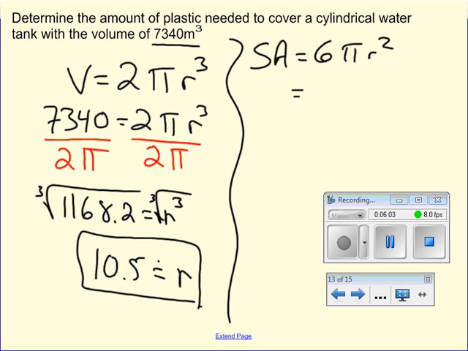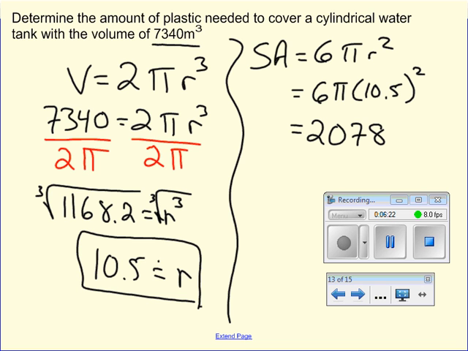So surface area 6 times pi times 10.5 squared, 6 times pi times 10.5 times 10.5 gives me a surface area of 2,078.2 meters squared of plastic needed to cover my water tank with a volume of 7,340 meters cubed. So I've combined two lessons into one, but they're essentially the same idea.